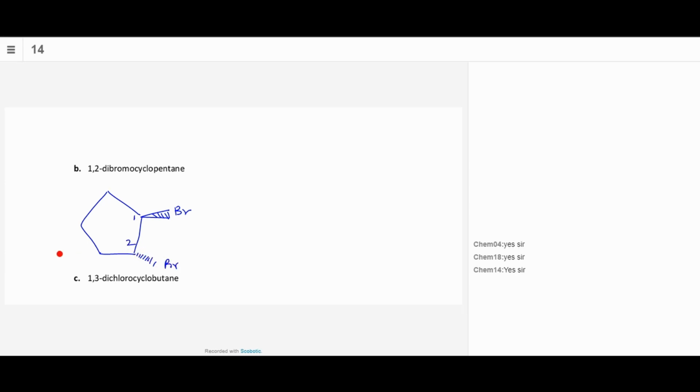This is the trans. And both coming out, or it can be both going in. Both coming out or both going in is cis. Try the others, please.